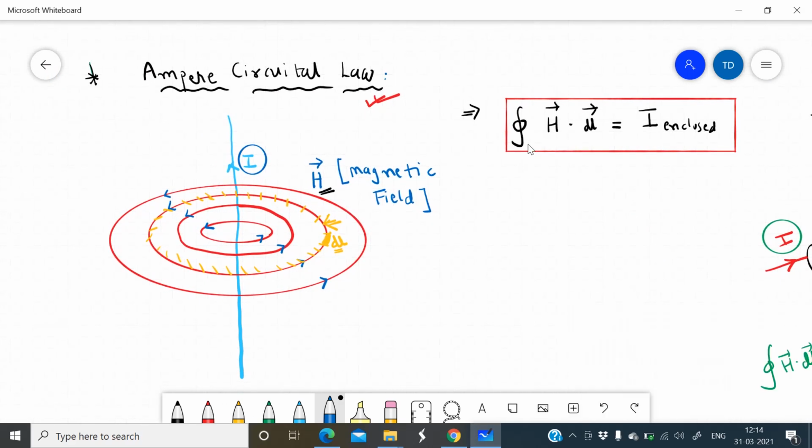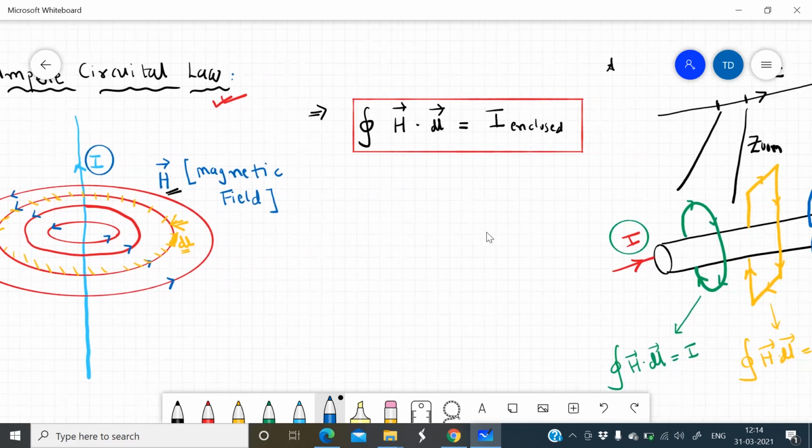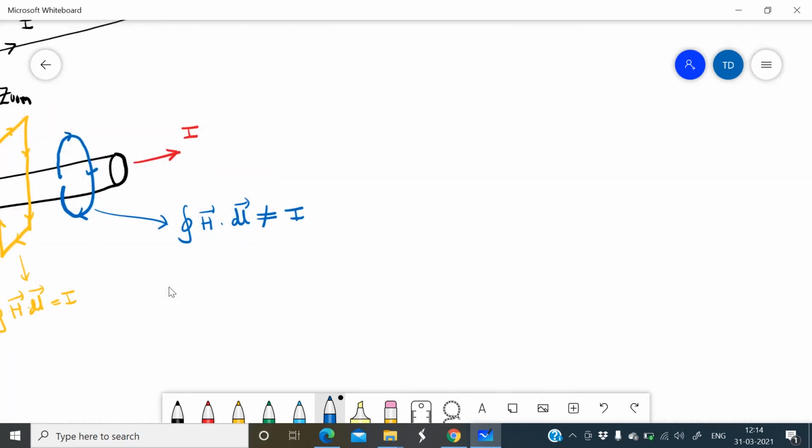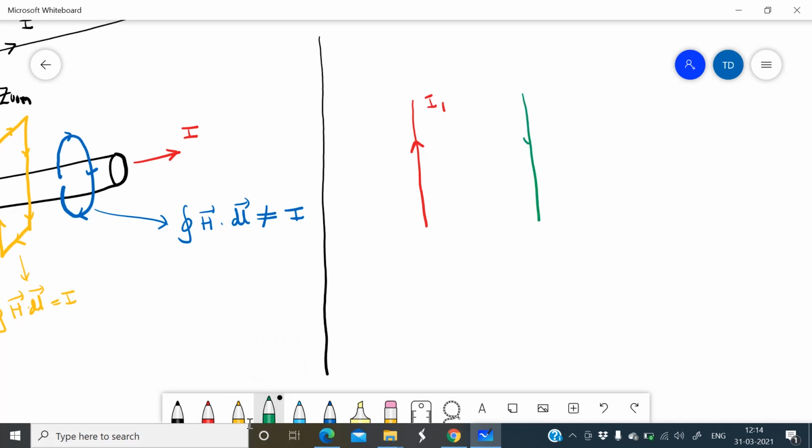Ampere's circuital law states that the closed line integration of magnetic field intensity is equal to the current enclosed by that path. Again, for simple understanding, I will take two wires: wire one which carries current I1, and a second wire which carries current I2.